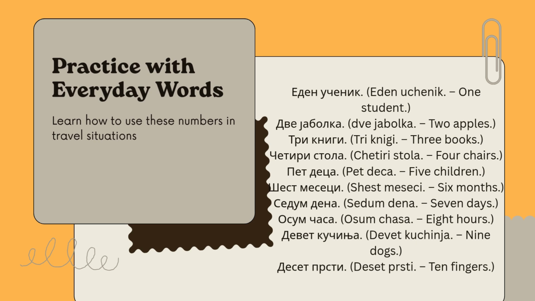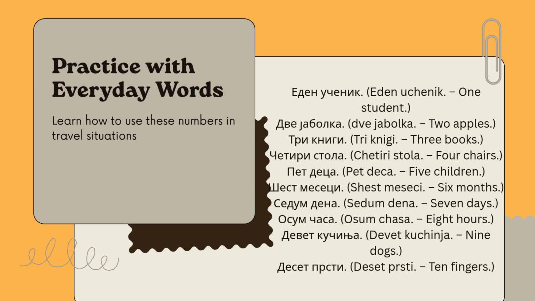Here are some examples. Eden ученик, 1 student. Два ябълка, 2 apples. Три книги, 3 books. Четири стола, 4 chairs. Пет деца, 5 children.